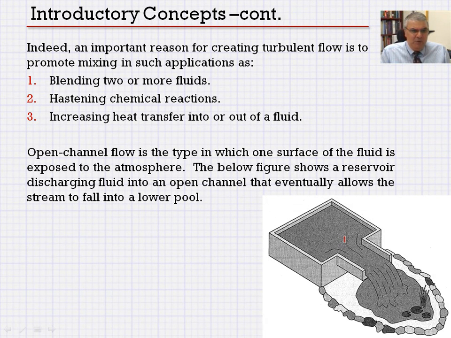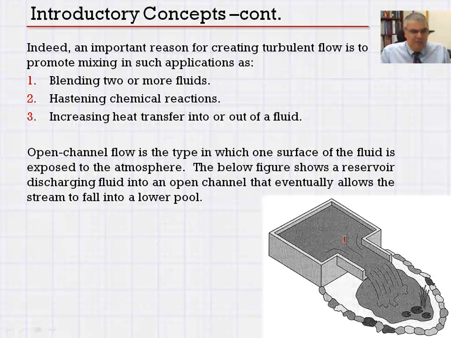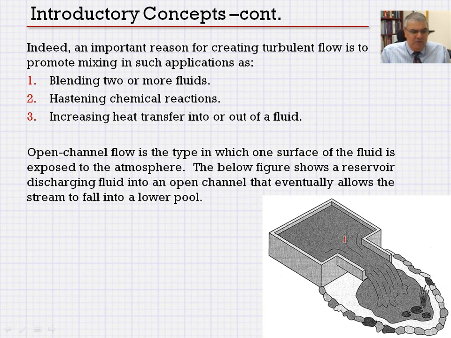In this case, one surface is exposed to the atmosphere, and the flow itself is shown here, and is going to be more in a laminar fashion. Later on, we are going to look at open flow channels, and we will discuss how we can study this type of flow.